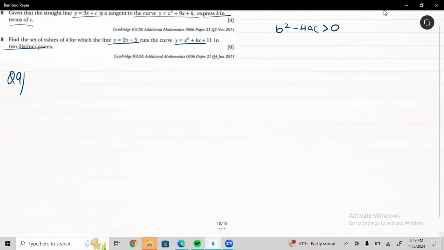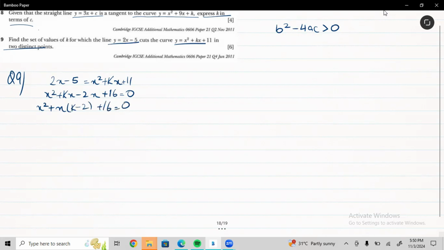Okay. First step, what we do is equate both of these equations because they're intersecting, and when they're intersecting, they are going to have the same coordinates. So 2x minus 5 is equal to x squared plus kx plus 11. That would give us x squared plus kx minus 2x plus 11 plus 5, which is 16, is equal to 0. x squared plus x as the common factor, k minus 2, plus 16 is equal to 0.